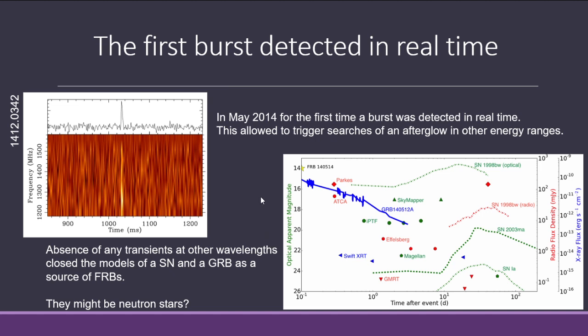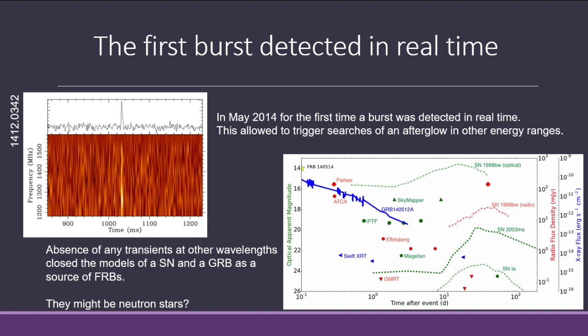The first event, as I told you, was discovered in archives. The second, the third event, they were all discovered in the archives. They are short flashes, and of course you have a question: was it possible to observe something else from this direction in other ranges of the electromagnetic spectrum? The answer is unknown.